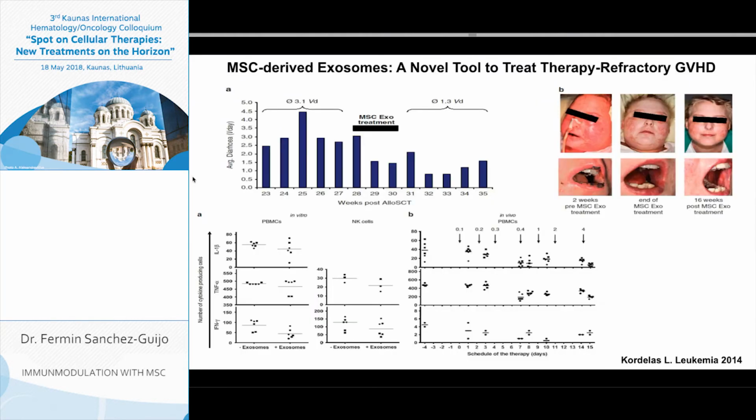So I think there's also a field that needs to be explored, the role of exosomes and extracellular vesicles derived from MSCs as a potential treatment for steroid refractory GVHD. There's a paper by a German group, Kordelas, that treated such a patient, and this is a proof of concept in vivo that this strategy needs to be explored in the future.